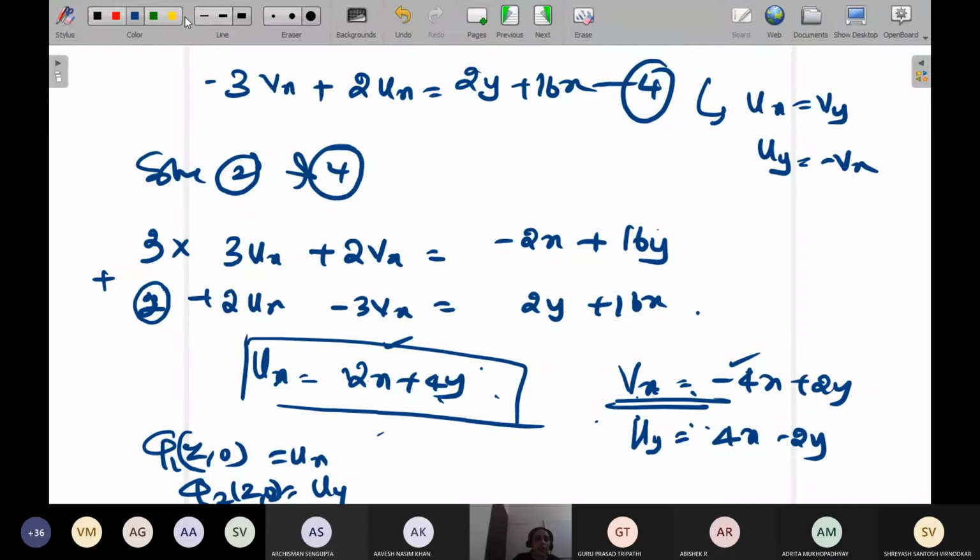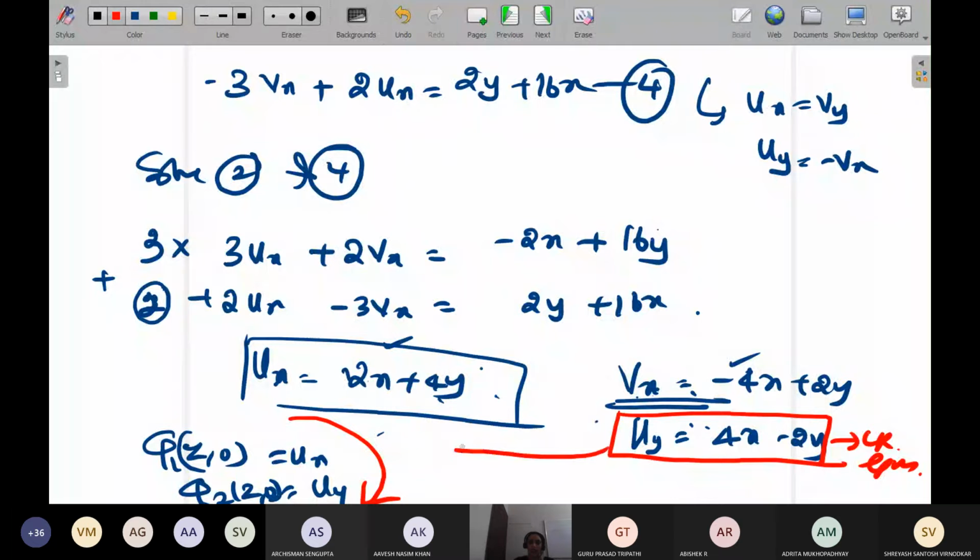Either way you can do it, but your answer should be in terms of z, f of z, if they ask. This is extra, using CR equations. If you want to solve it using the Milne-Thomson method, you have to do that. I have done it directly. I'm showing all possible ways of solving a problem.